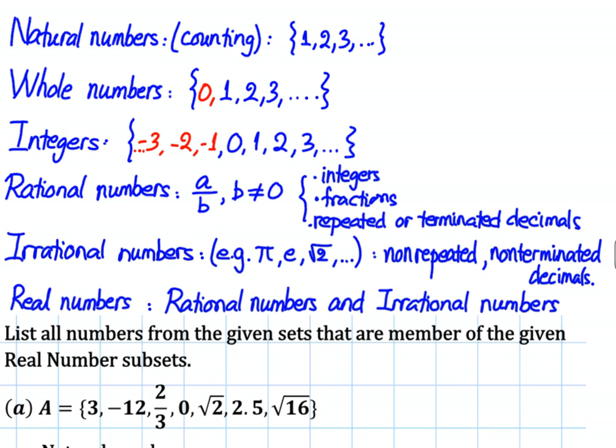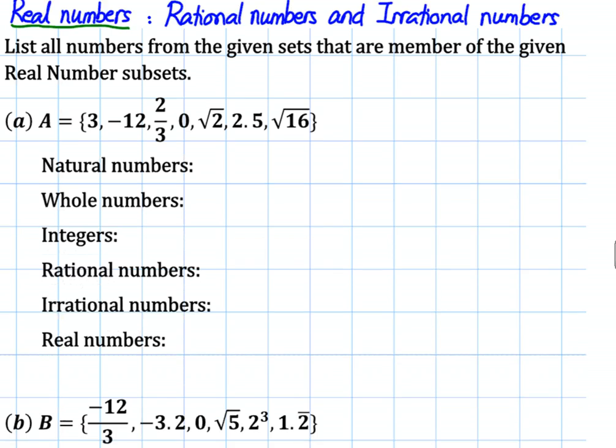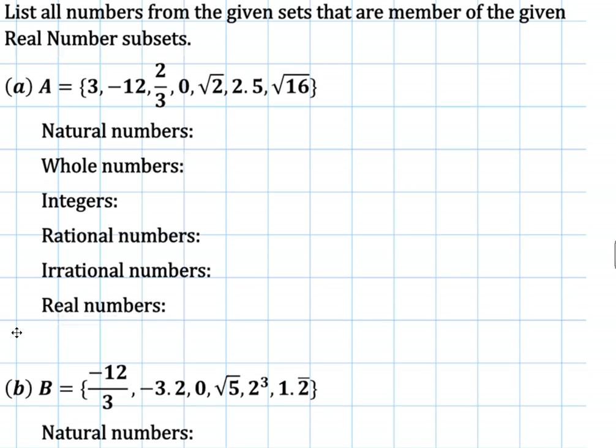Once we put the rational numbers and the irrational numbers together, it will be equal to the real numbers. Okay. So let's get to our example where we're going to look at the subsets and identify what type of numbers we have.